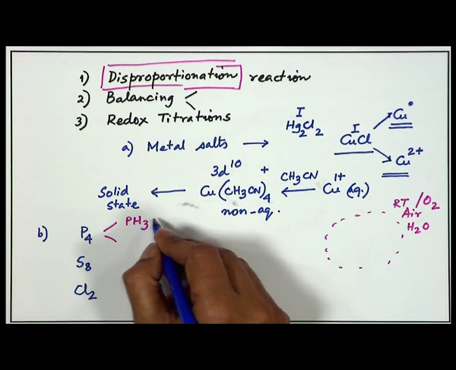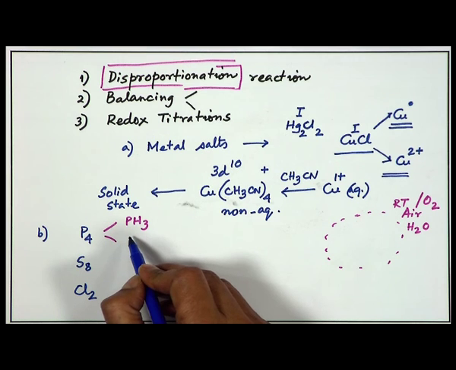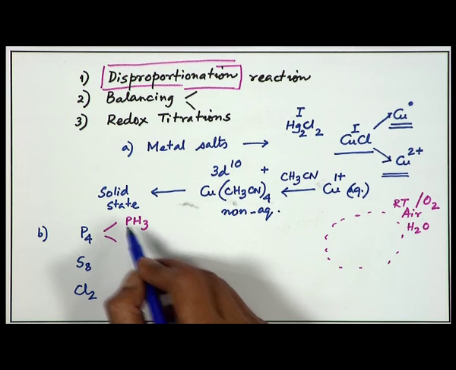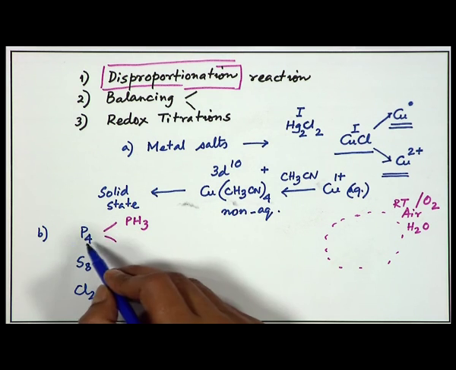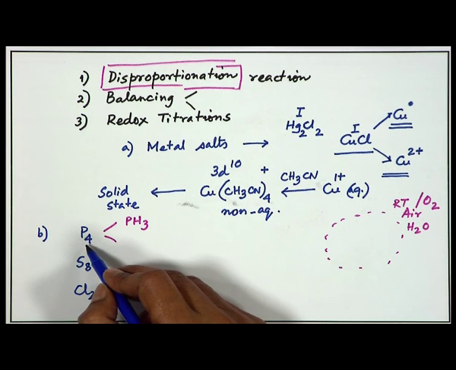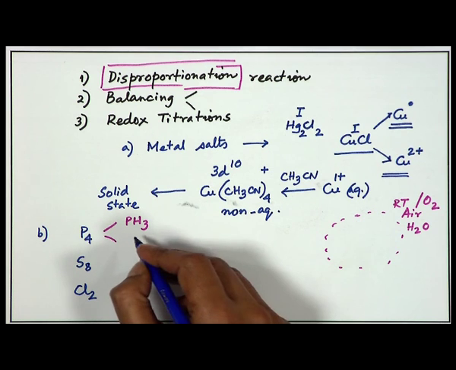So, from elemental phosphorus, we get phosphine, which is a gaseous product, like our formation of ammonia from nitrogen. So, phosphine is the reduction product of elemental phosphorus. What about the other species?